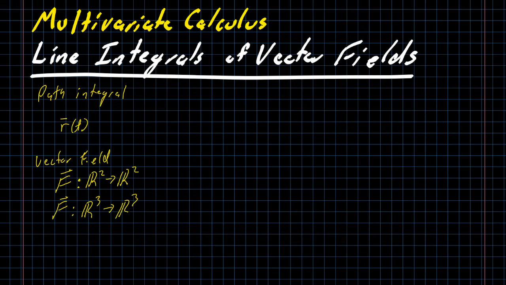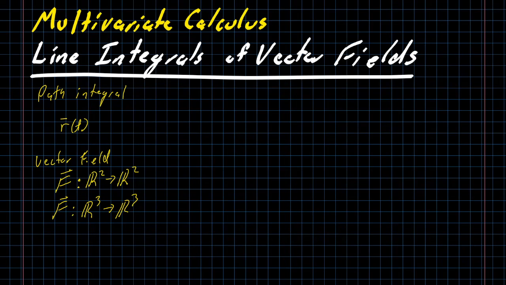If you go onward beyond the study of calculus, you might see higher dimensional vector fields. That's just as valid. The thing that has to happen is that the dimension of the domain and the codomain has to be the same. So 2 and 2, 3 and 3, 7 and 7, whatever it happens to be.